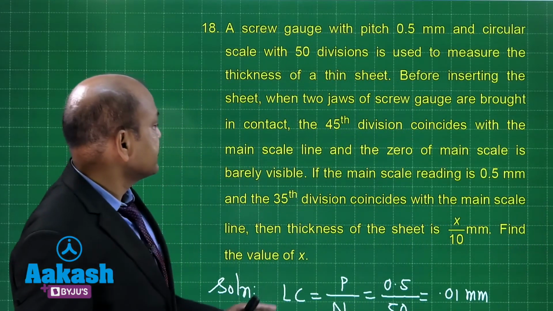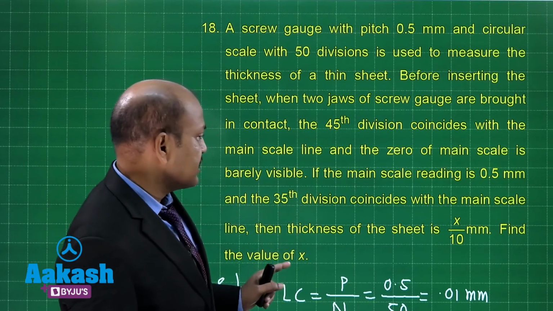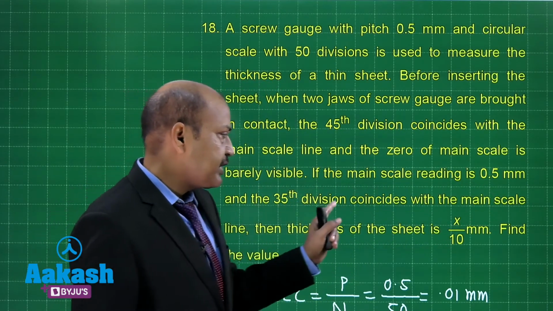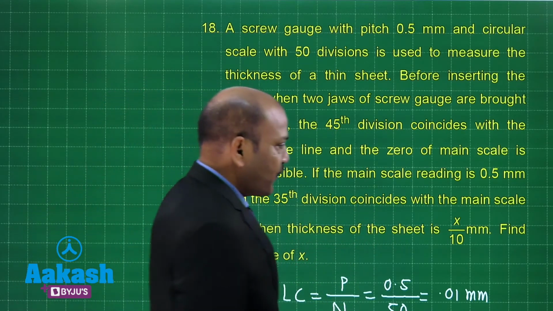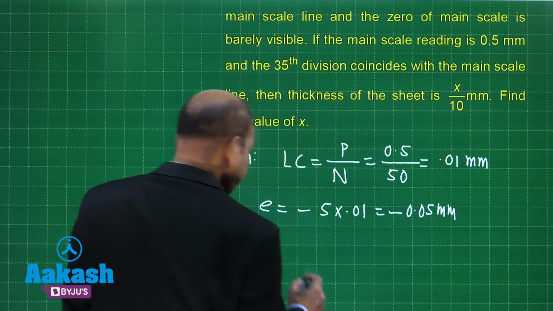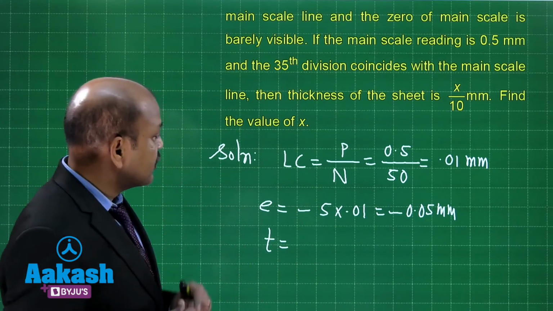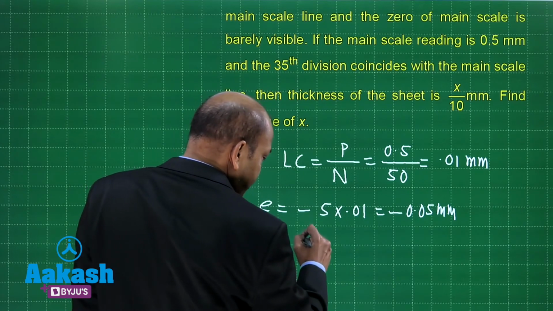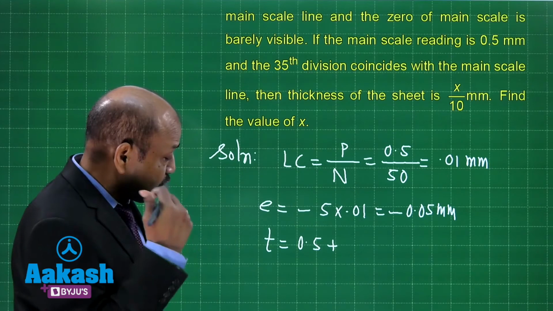So, what we have is the main scale reading in this case is 0.5 millimeter and the 35th division coincides with the main scale line. So, what is the total thickness? Well, the total thickness becomes T as per measurement. It will turn out to be the main scale reading, which is 0.5 millimeter, plus the 35th division coincides.